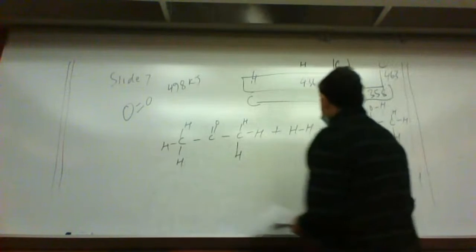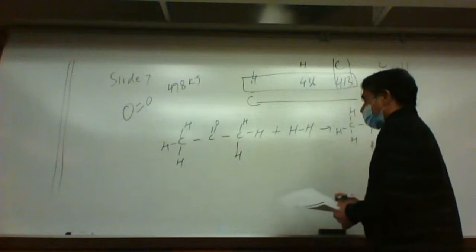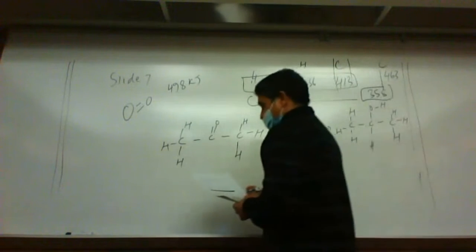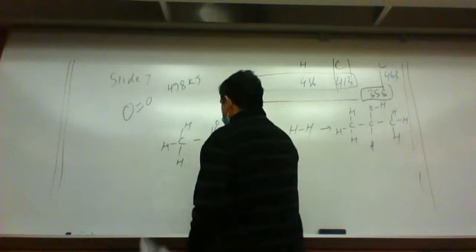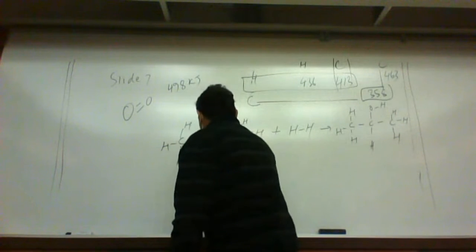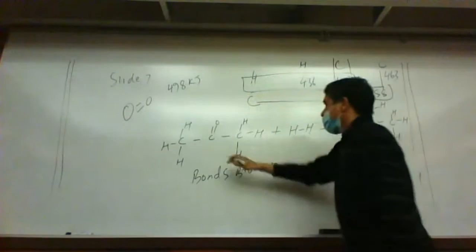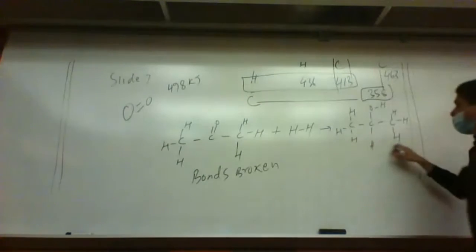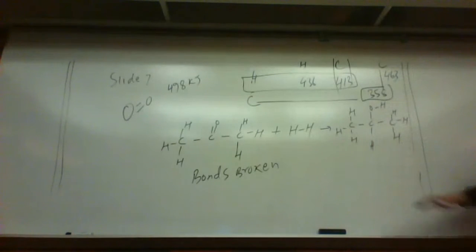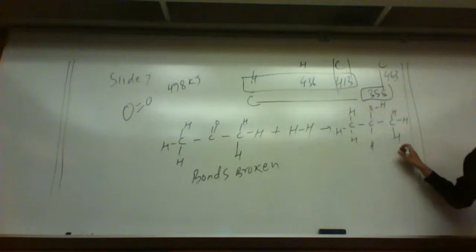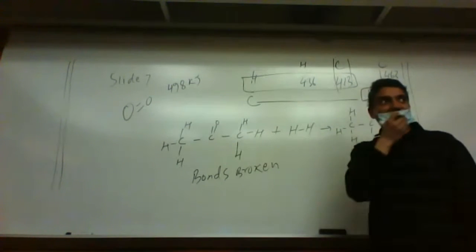Now let's calculate how many bonds are broken and how many bonds are formed. First, let's calculate the bonds broken. So how many bonds are broken here? Always this side, the left side, is bonds broken, and the right side is bonds formed, right?